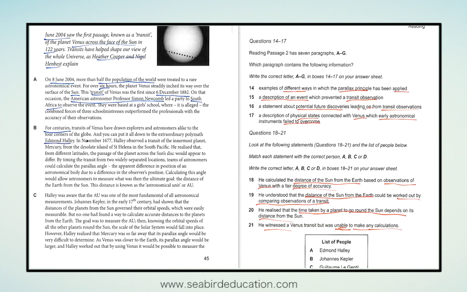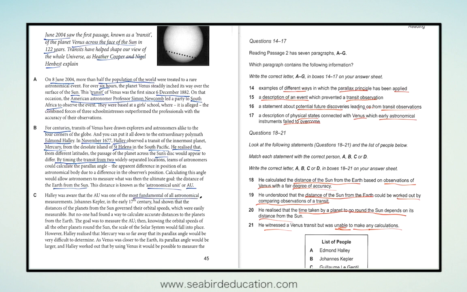Mr. Halley, that was November 1677. Again, Halley. Mercury, St. Helena, South Pacific. He realized that useful. Sun by time in the transit. AU, astronomical unit. Earth from the Sun, good. And he was aware that it was one of the most fundamental of all astronomical measurements.